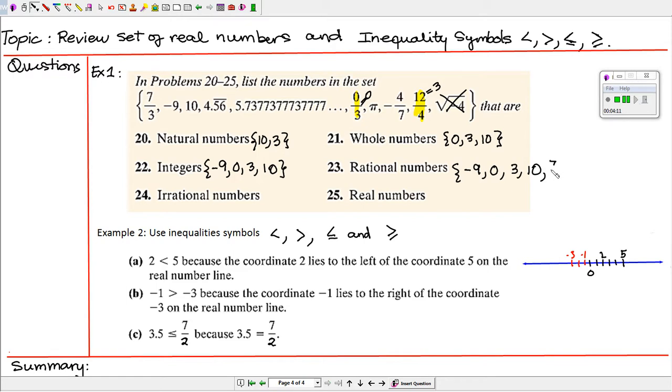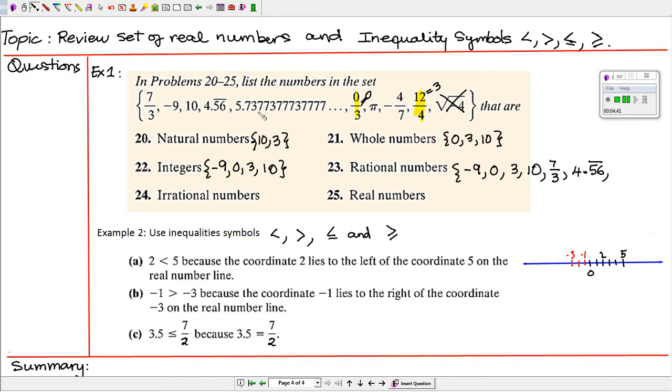So I have 7 over 3, and now if you see a bar on top of your decimal places, it tells you that these decimal places repeat. So if you have a number with repeating decimal places, you can write it as a fraction. So I'm going to put in the set of rational numbers 4.56 with the decimal places repeating.